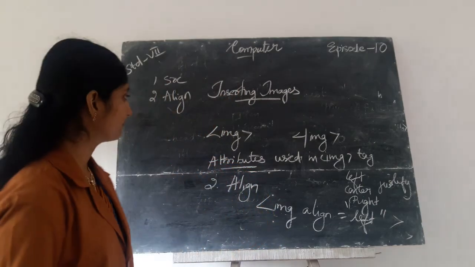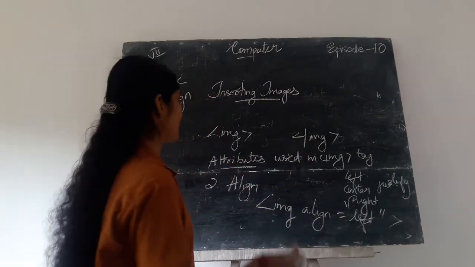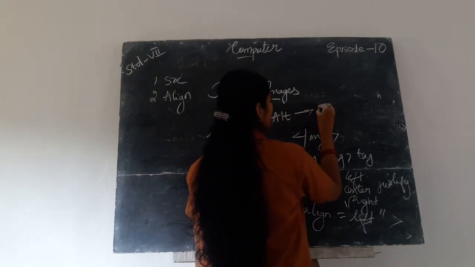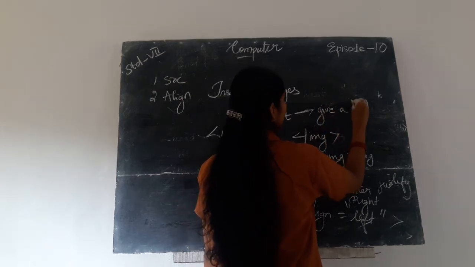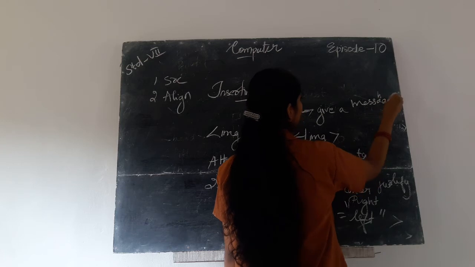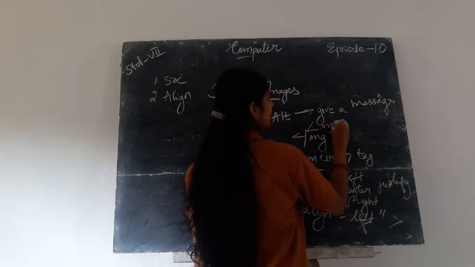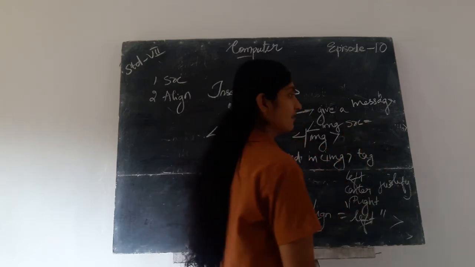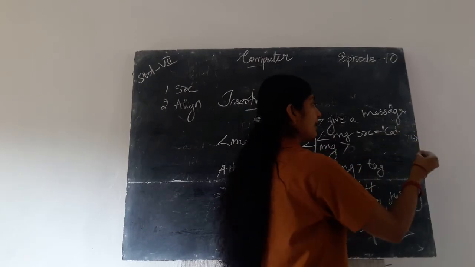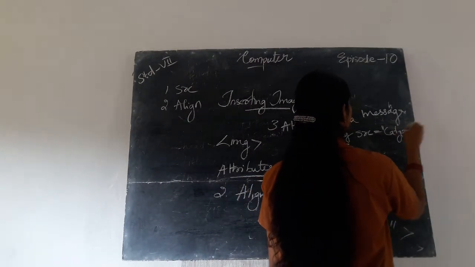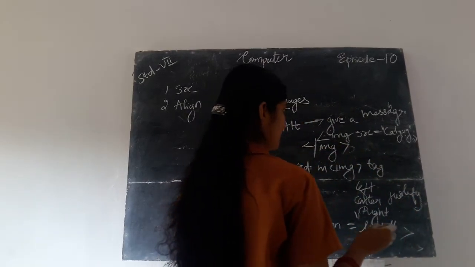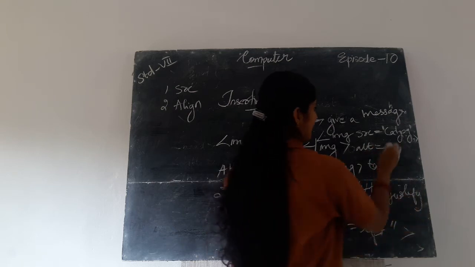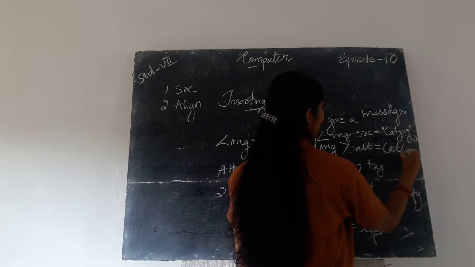For example, the third one is alt. Alt means give a brief message. So example: img src is equal to cat.jpg, then write alt is equal to cat family.